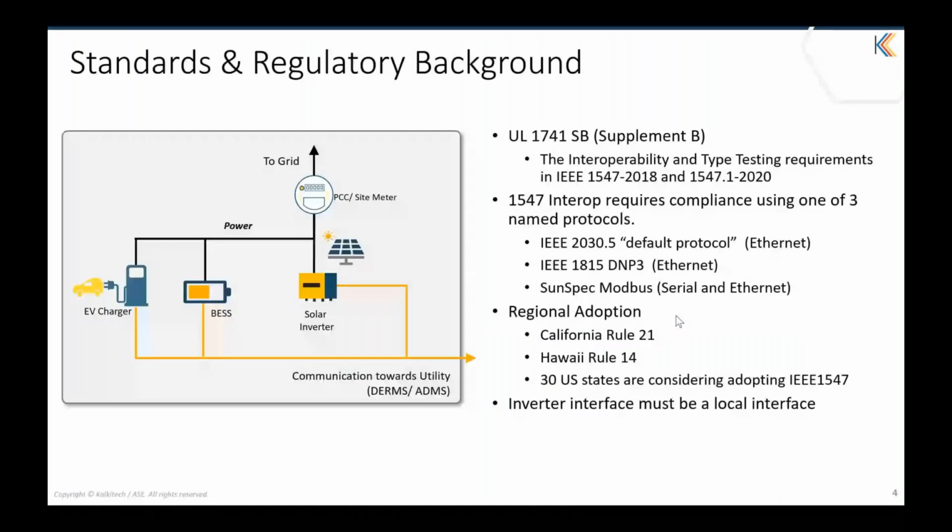To start with, some background on the standards and regulatory requirements that drive the interconnection of DER with the utilities. UL 1741 Supplement B is a standard defined primarily for the safety of grid-tied inverters or converters that are designed to provide grid support functions.